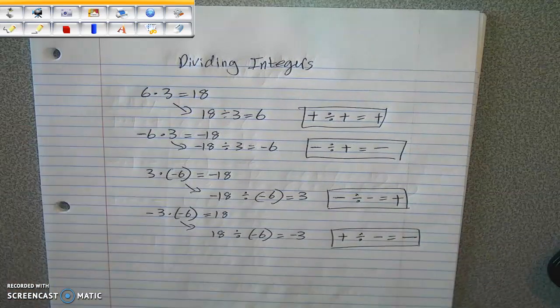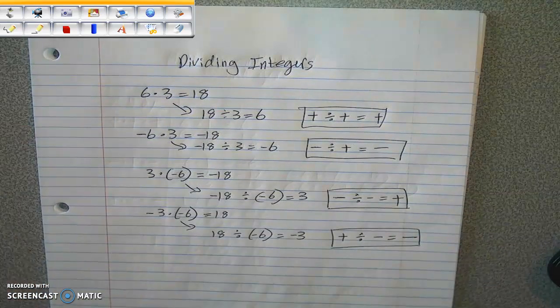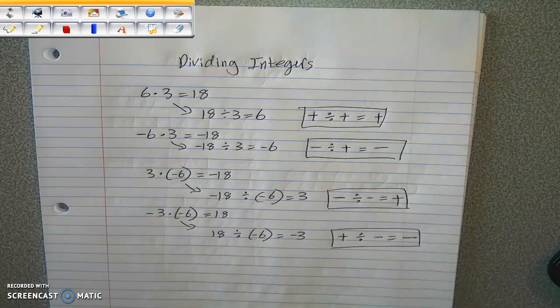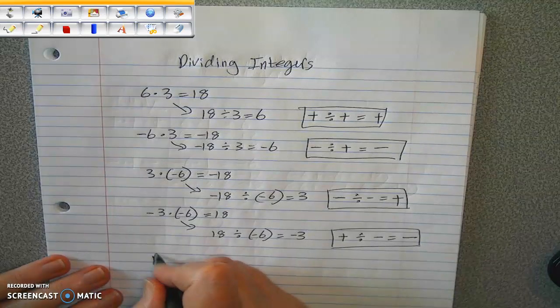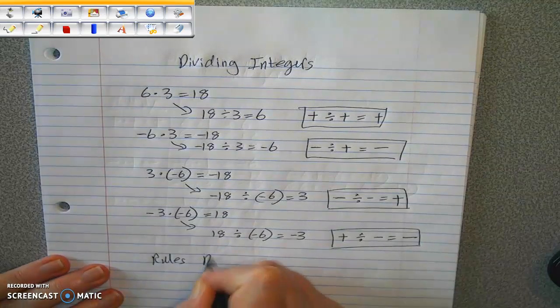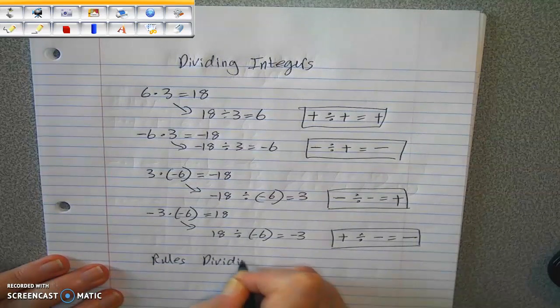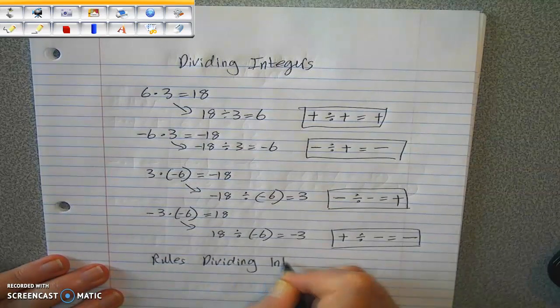I want you to see that when the signs are the same, the quotient is positive. When the signs are different, the quotient is negative. So these are the rules for dividing integers.